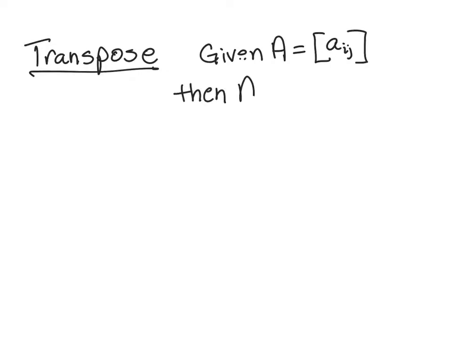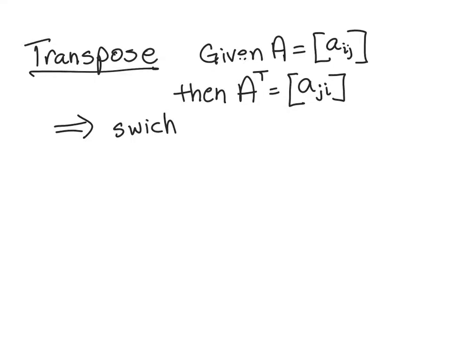The transpose. If I have a matrix defined as A sub IJ, and then I find the transpose, a superscript T to say A transpose, then this is J first and then I. All I did was switch.